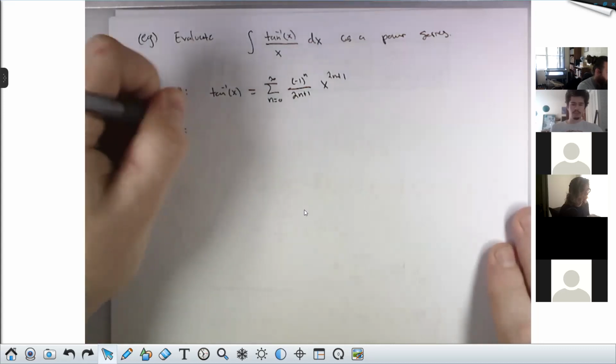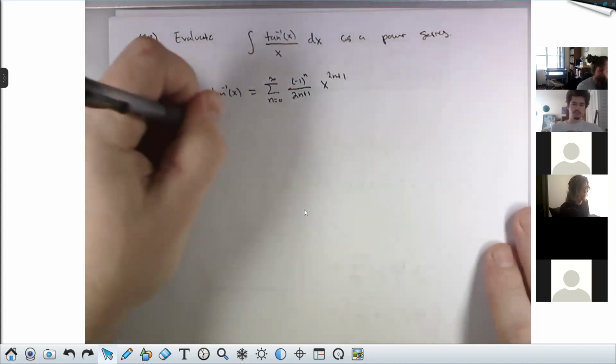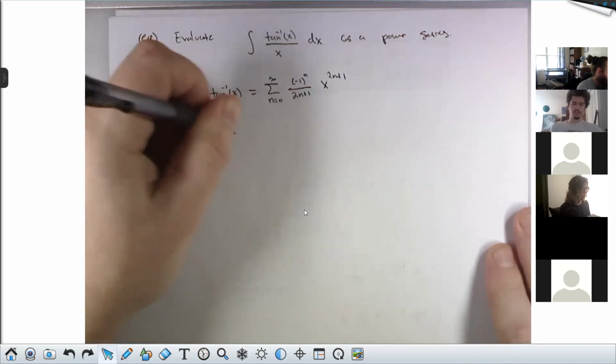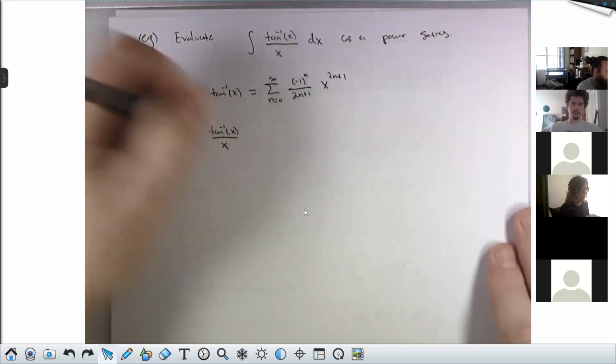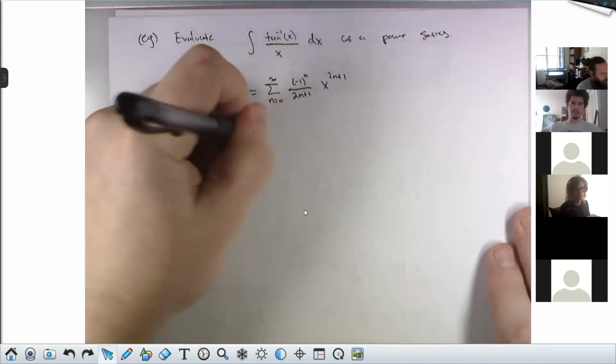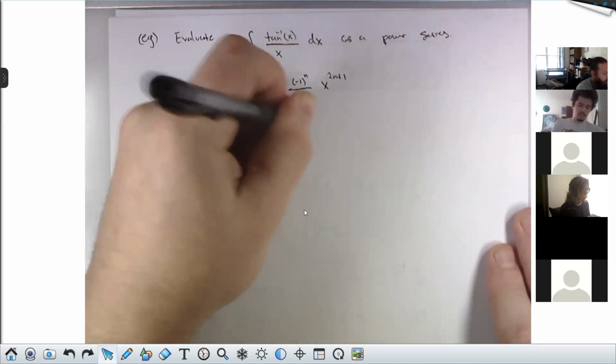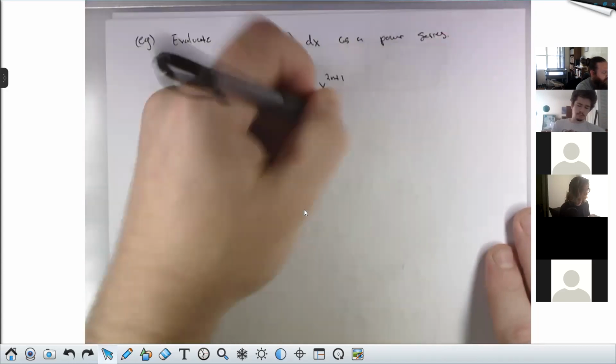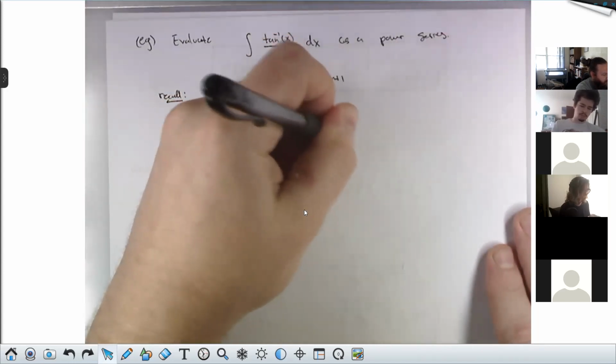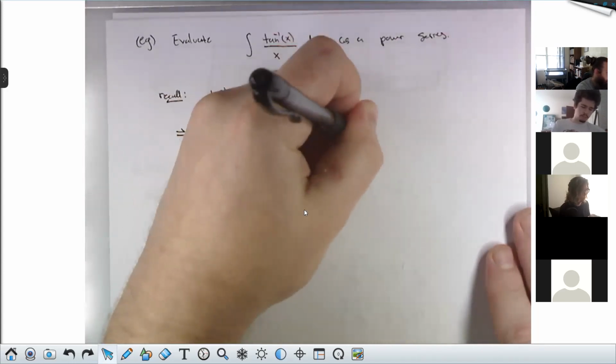Which means that the inverse tangent of x over x, which is 1 over x times the inverse tangent of x, can be written as 1 over x times that power series.